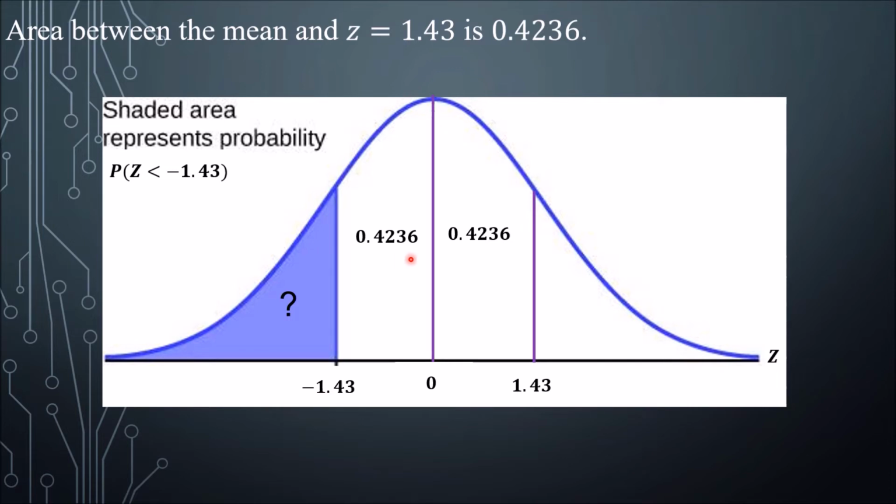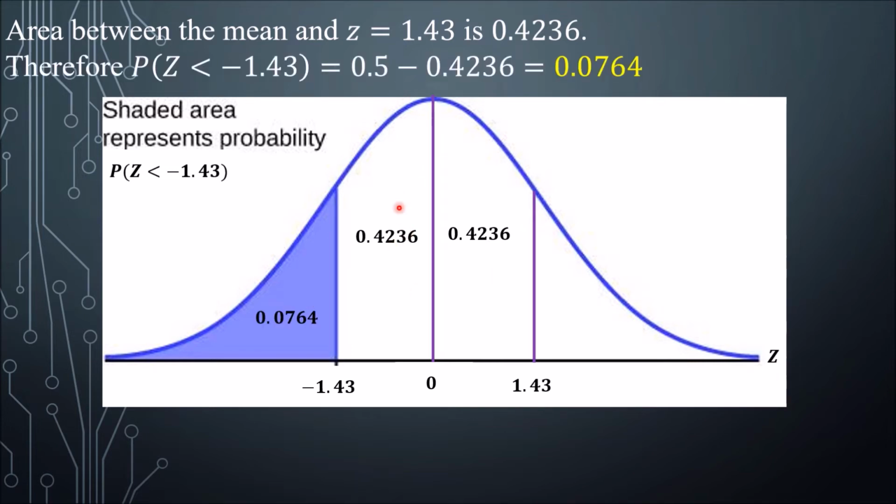But that's not our problem. The problem is to find the area of this shaded part. And how are we going to do that? Because half of the graph is 0.5, we subtract 0.4236 from 0.5.